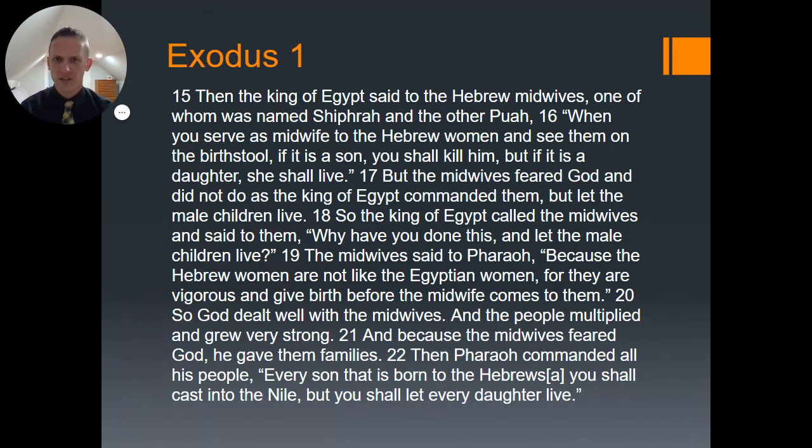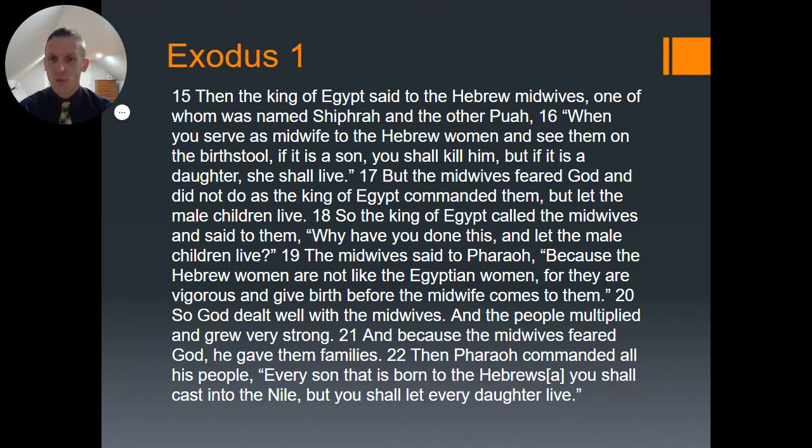But the midwives feared God and did not do as the king of Egypt commanded them, but let the male children live. So the king of Egypt called the midwives to them, and said to them, "Why have you done this? And let the male children live." The midwives said to Pharaoh, "Because the Hebrew women are not like the Egyptian women, for they are vigorous and give birth before the midwife comes to them."